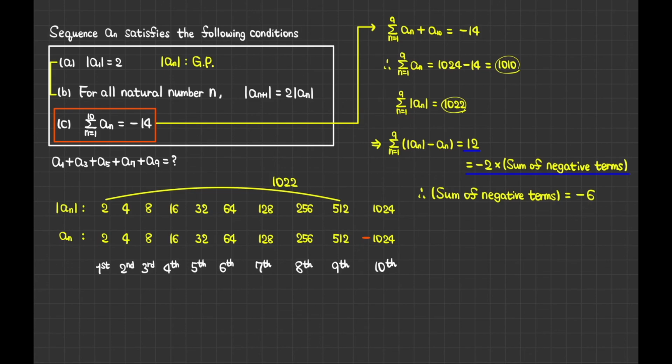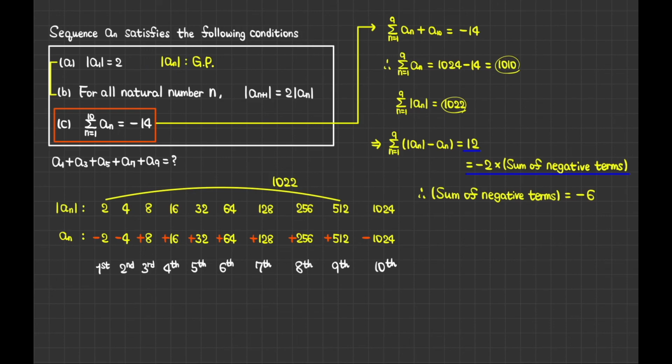Oh, so the sum of negative terms should become negative 6. That's really easy to make. Definitely, if you add 2 and 4, it becomes 6. But if you put the negative signs on it, that becomes negative 6, right? The conclusion is that 2 and 4 were the negatives, and everything else was positive numbers, okay? So we got the answer.